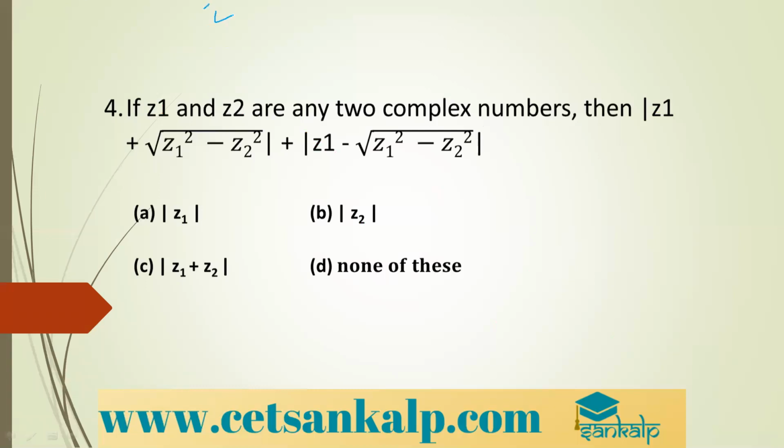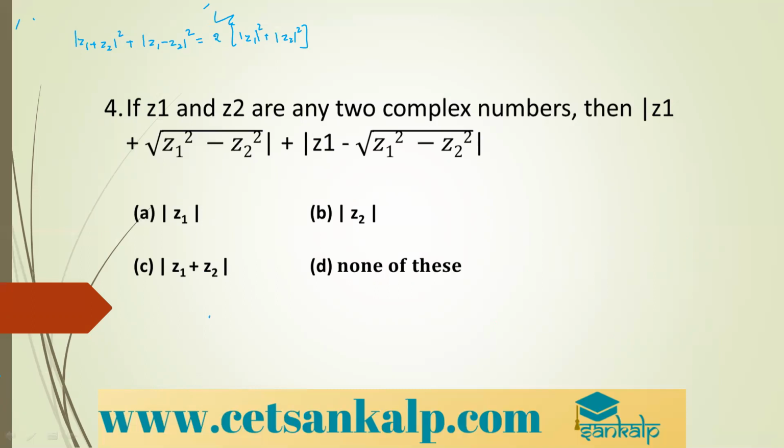The first formula I gave you is, yes, here I'm writing: Z1 plus Z2 whole square plus Z1 minus Z2 whole square is equal to 2 into Z1 square plus Z2 square. So use this formula. At the same time, we must get one of the options. So how to get that?